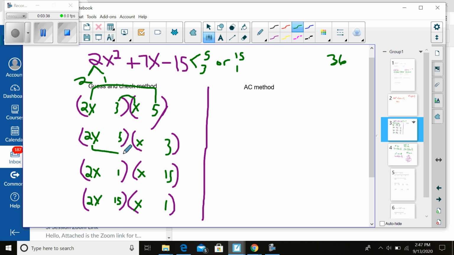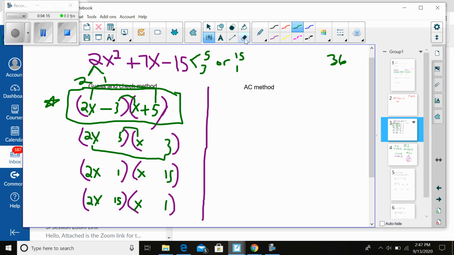When I go like this, this is 6x, this is 5x. If I take the difference between 6x and 5x, I get 1x, right? So this one looks promising. Coming up here, 3x, 10x, yes, I can get 7x out of that. So I need a positive 7x, which means I would need my 10x to be the positive and the 3x to be the negative. Okay, so I found this without a huge amount of effort.